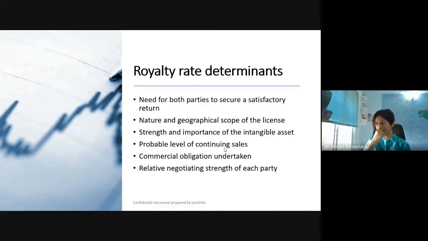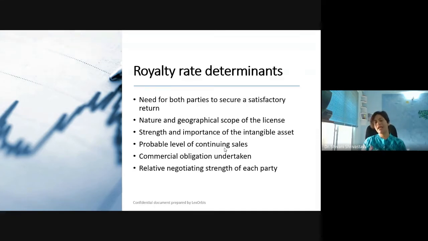When we are talking about the nature of the license, as I told, the license can be given to manufacture the product, to sell the product, to use the technology, and there are multiple other things. So if the licensor is giving multiple options to the licensee, then obviously the royalty rate will be high.